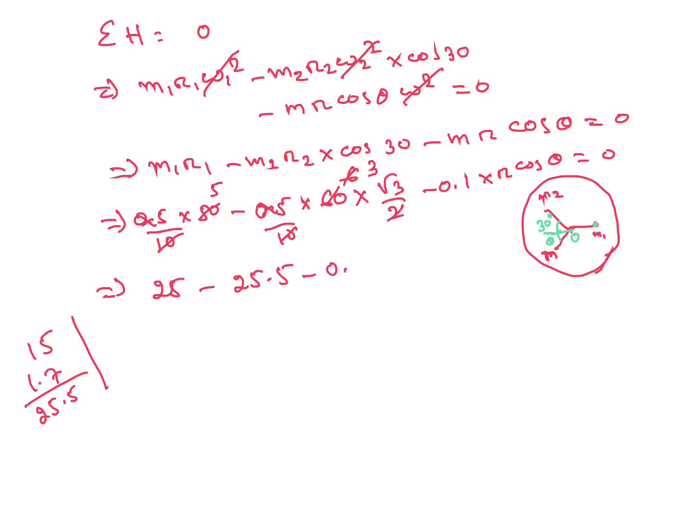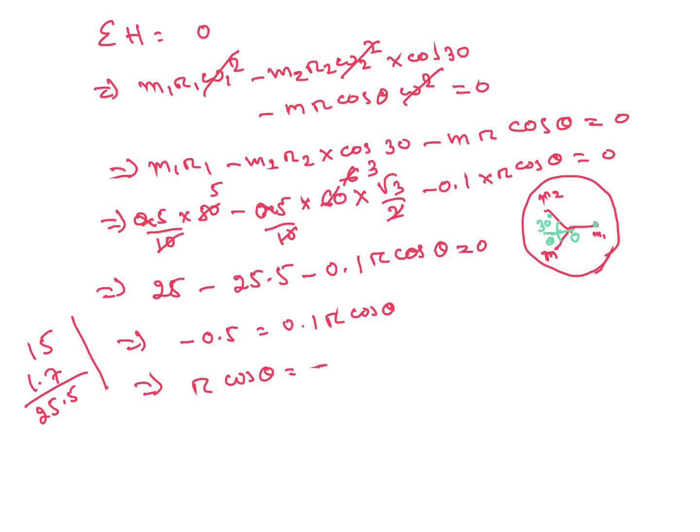So minus 0.5 equal to 0.1 r cos theta, or r cos theta equal to minus 5. This is equation 1.